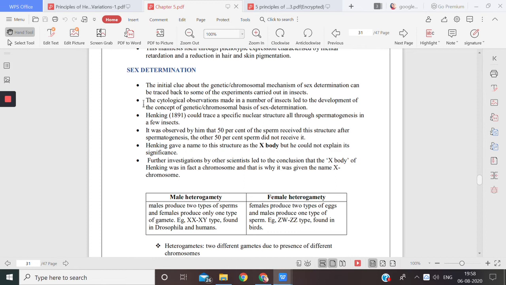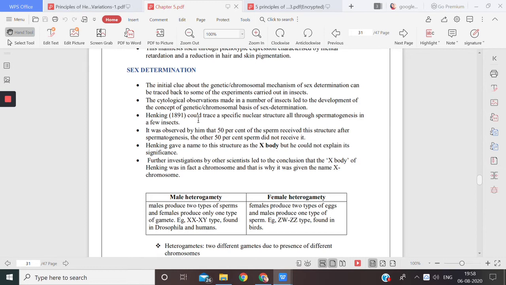Later on, Henking in 1891 could trace a specific nuclear structure all through spermatogenesis in a few insects. You know what spermatogenesis is, the formation of sperms, so he traced a nuclear structure through spermatogenesis in a few of the insects.